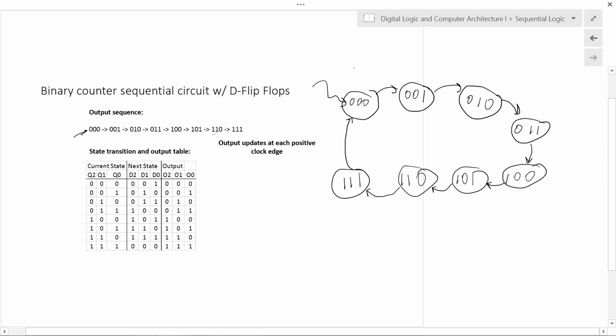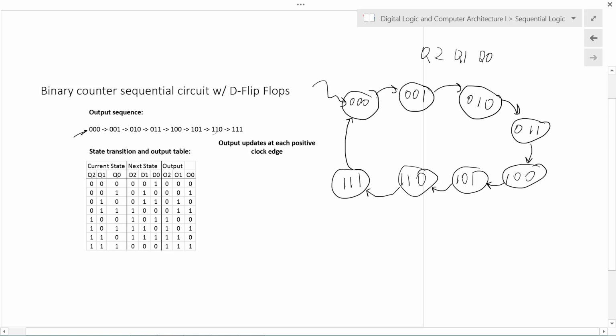For any number from 0 to 7, you have 3 bits, B2, B1, B0. If we use flip-flop variables, we can call these Q2, Q1, and Q0 instead. So let's stick with the Q2, Q1, Q0 names.